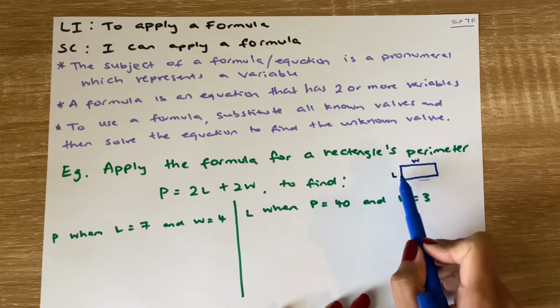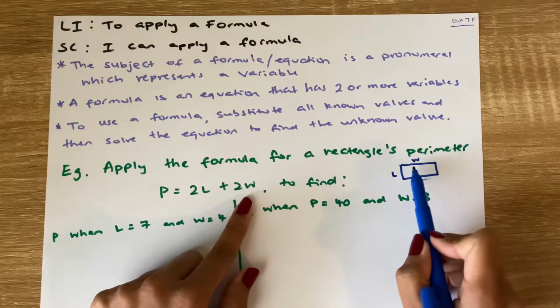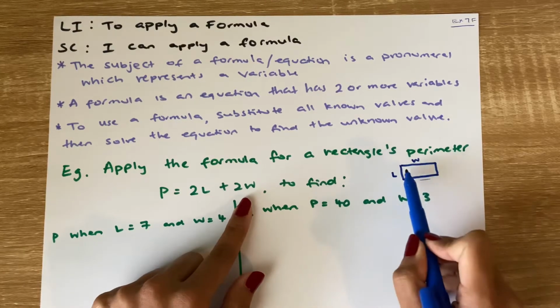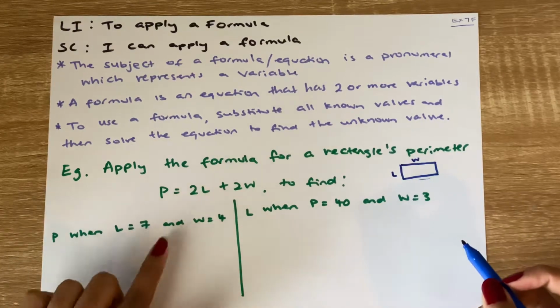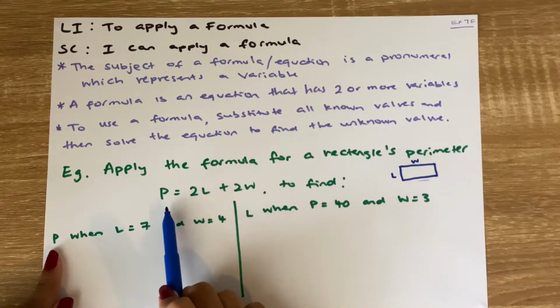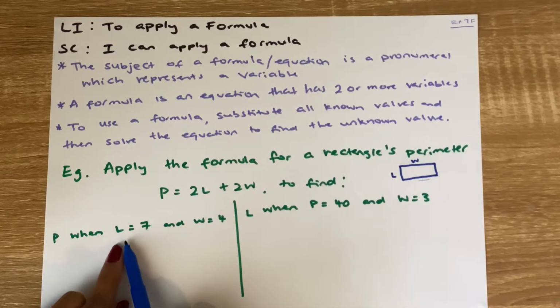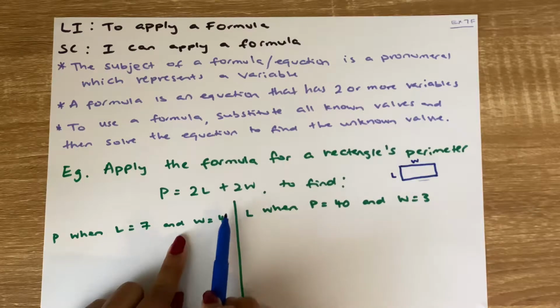So it's going to be 2 times L plus 2 times W. We've been asked to find P, given that P represents perimeter, when L, which is length, equals 7, and W equals 4.